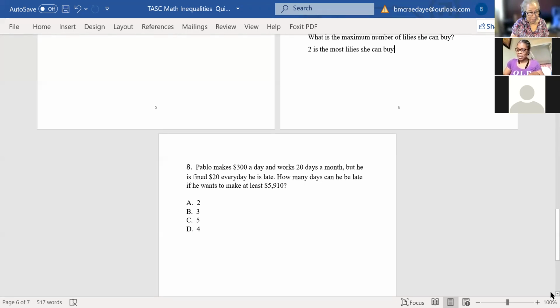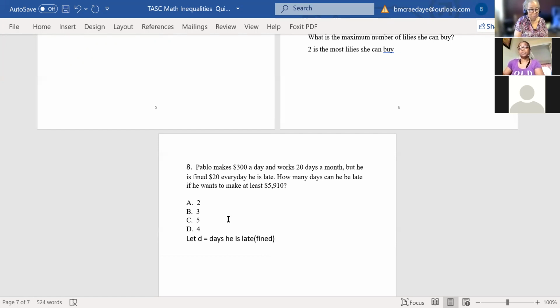Let D equal the days he is late. He's fined $20 each day he's late. So if he wants to make at least, when he's late you're going to do either less than or equal to.